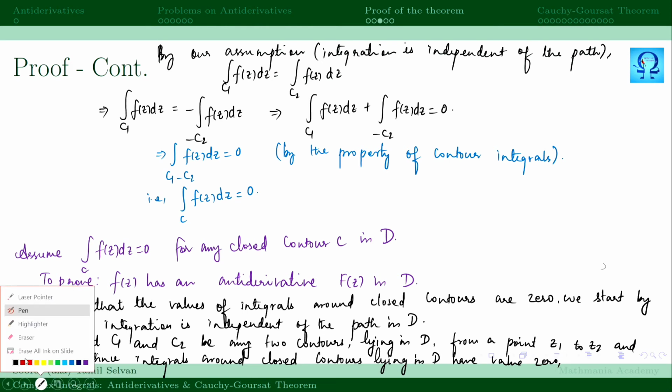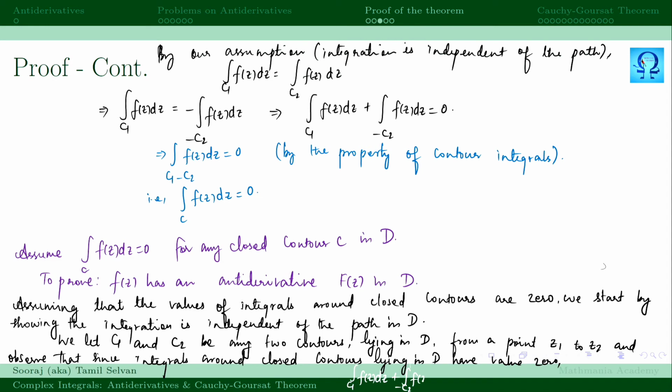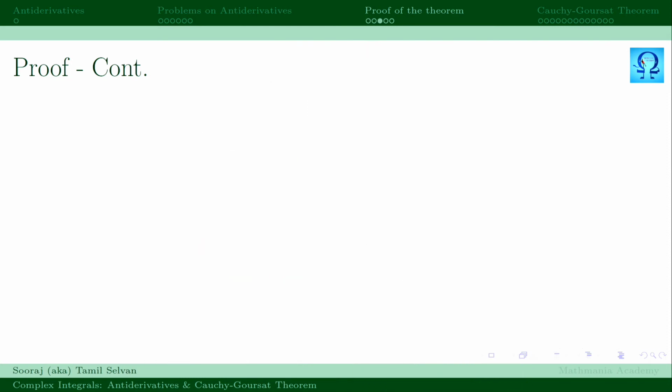So that is the equation. What equation? So the integral over C1 of f of z dz plus the integral over minus C2 of f of z dz is 0. So this holds. Okay.